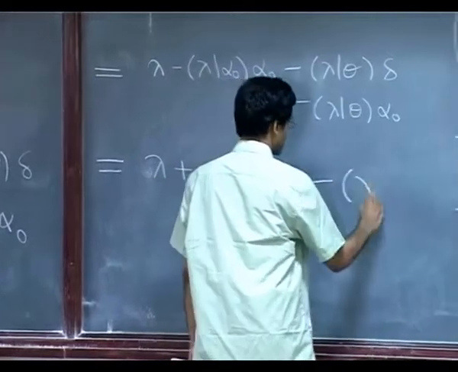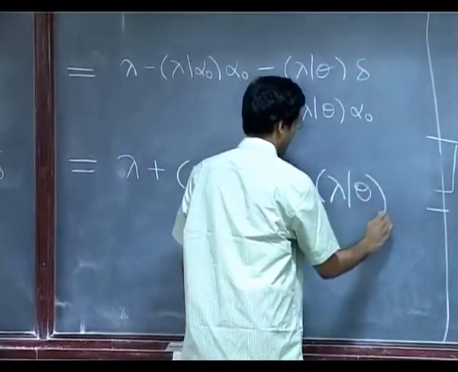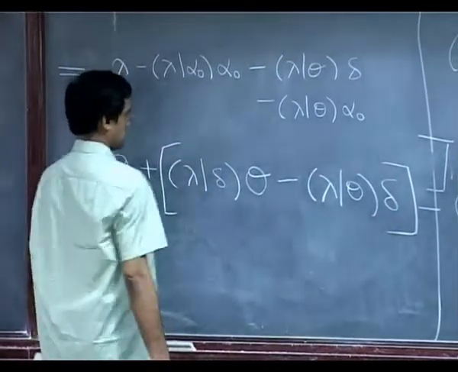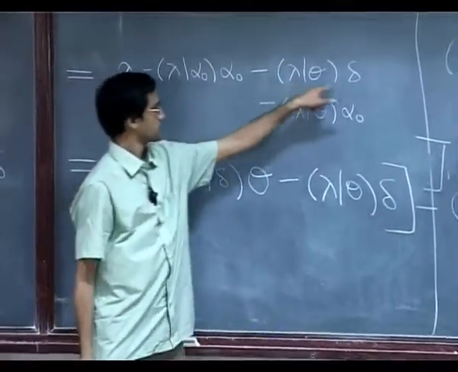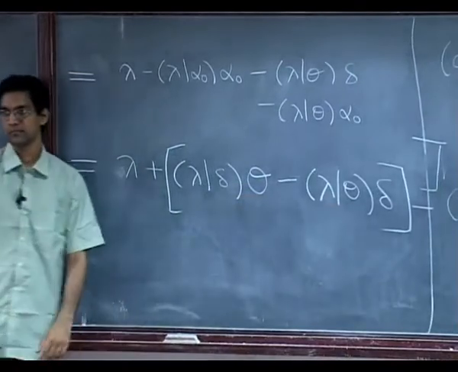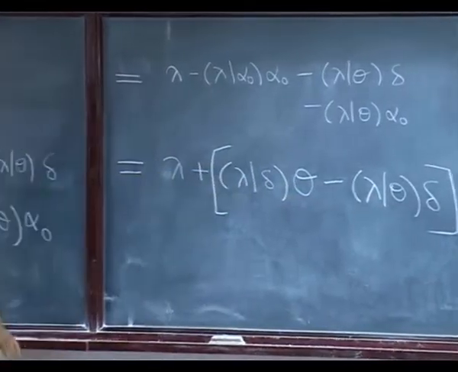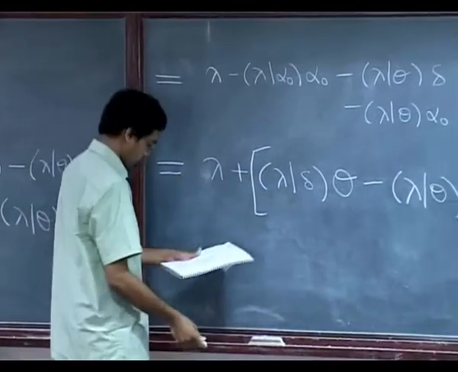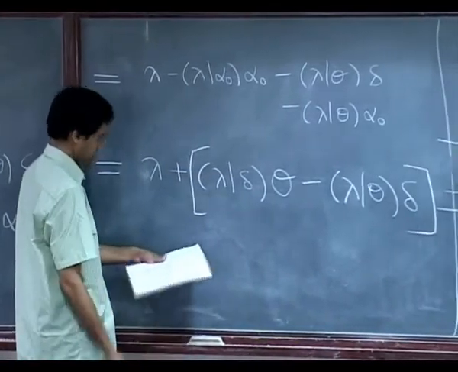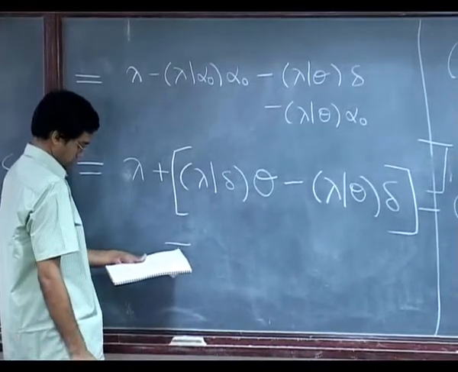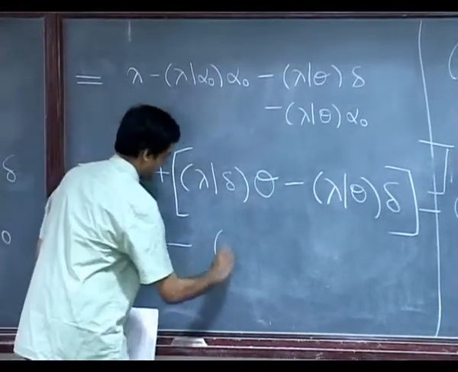So it's a sort of a nice anti-symmetry at play. Okay, that term is already there, lambda theta delta, right? So it's lambda plus lambda delta theta minus lambda theta delta. But then that's not all. You also get another extra term with two deltas in it, which is minus lambda delta delta.